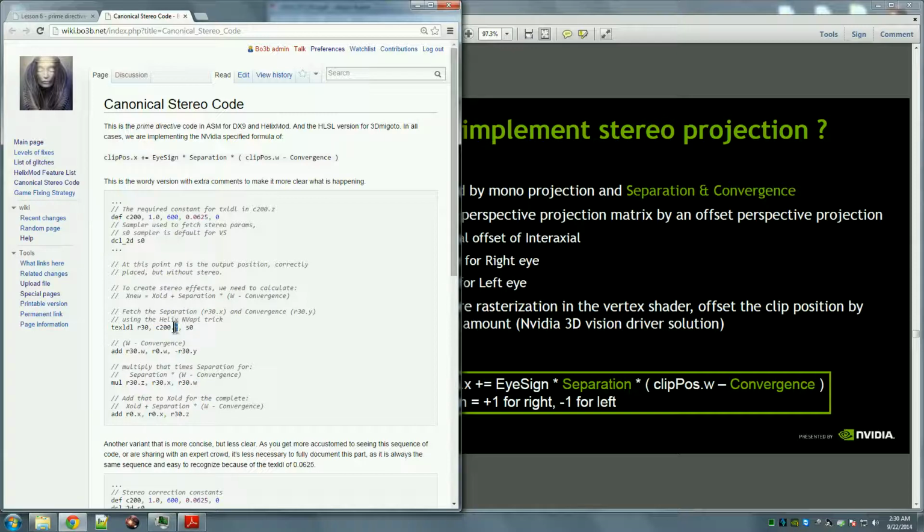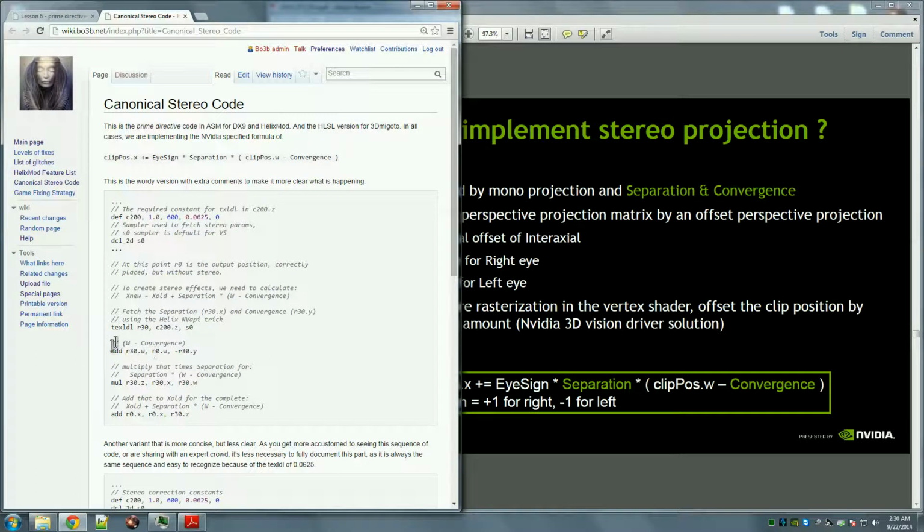Because of the way the NVIDIA driver functions, it figures out from the driver what the actual convergence and separation are at that moment in time, and puts it into R30. R30.x is the separation, R30.y is the convergence.